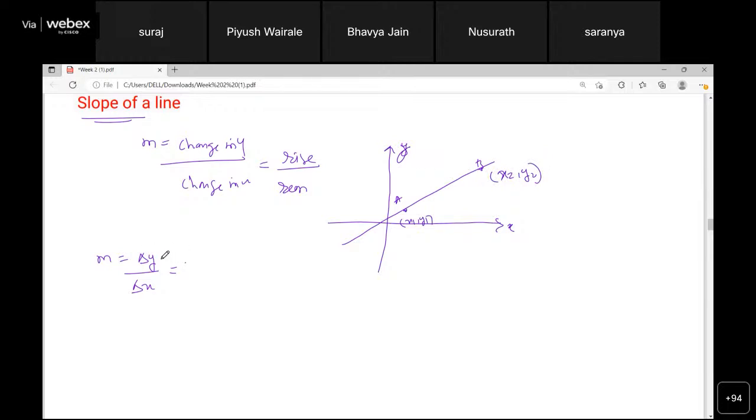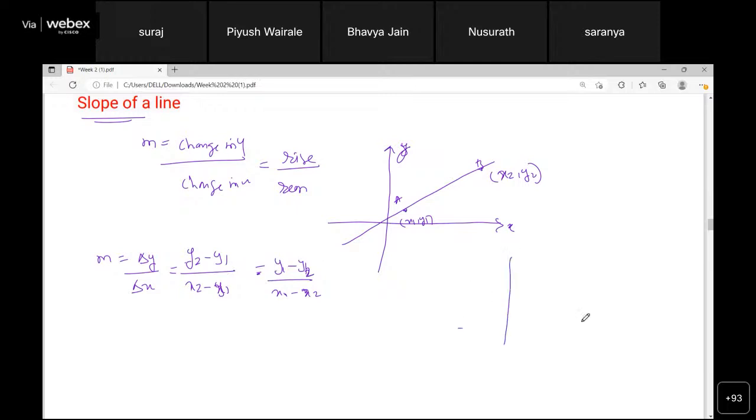Change in y coordinate, y2 minus y1 upon x2 minus x1. Either you can do y1 minus y2, but here you have to do x1 minus x2 also, right? The ratio will be the same in both cases. So this is my slope.